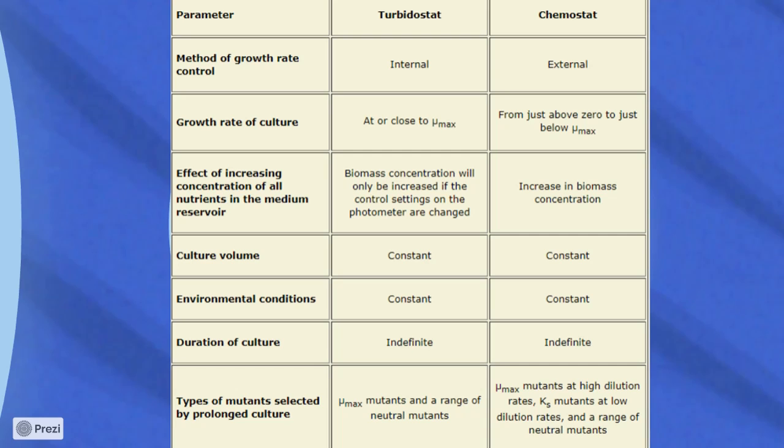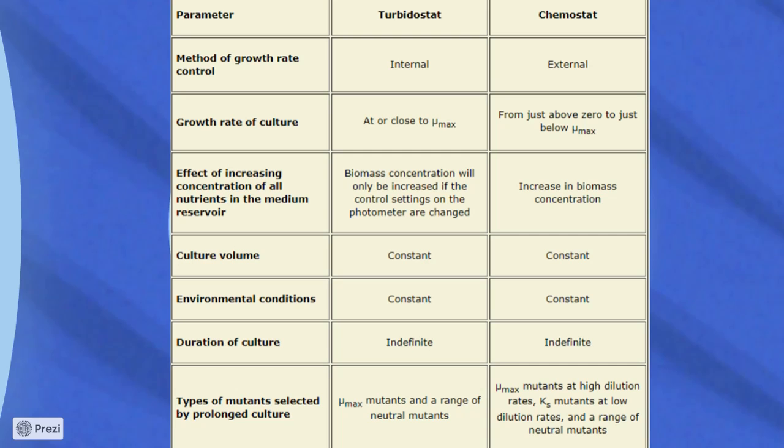The culture volume and the environmental conditions remain constant in both, and the duration of cultures will be indefinite in both turbidostat and chemostat.